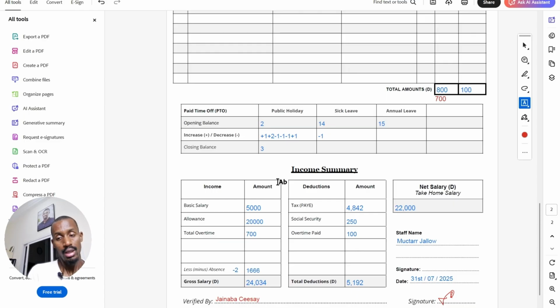So remember, this is a self-assessment form. You are supposed to be filling it, not the verifier. Even if you cannot, you can go to your co-workers to help you fill this form.